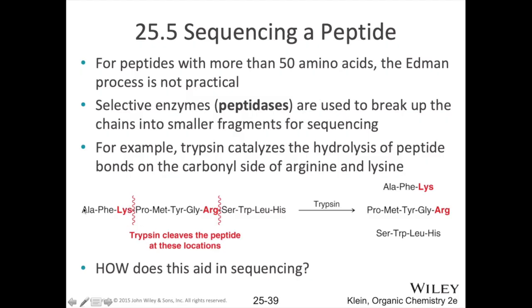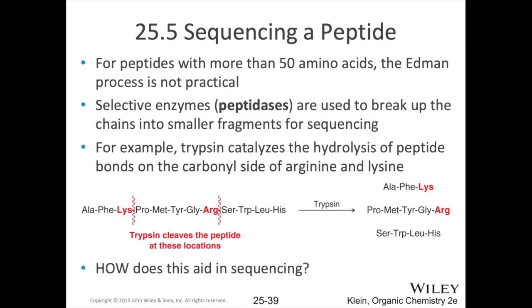So here in our sequence we've got a lysine, here we've got an arginine, and it's on the carbonyl side of that lysine amino acid that we cleave here. And likewise, on the carbonyl side of that arginine, we're going to cleave here, and therefore we get these three shorter strands that are then easier to sequence using the Edman process.